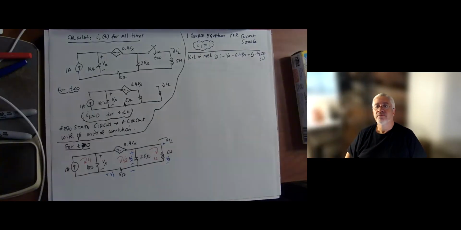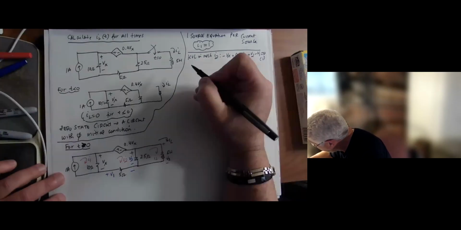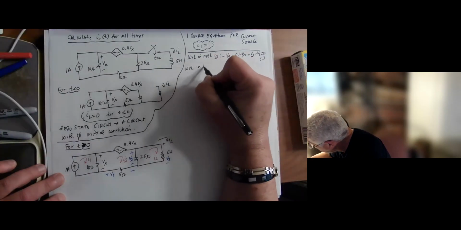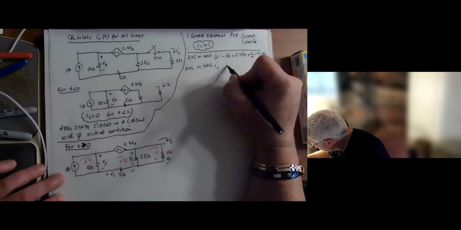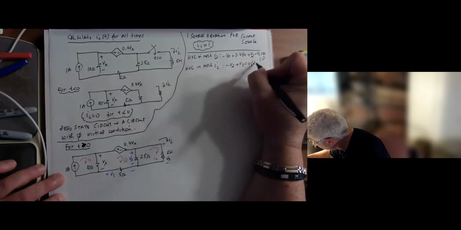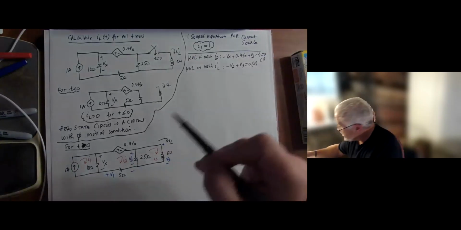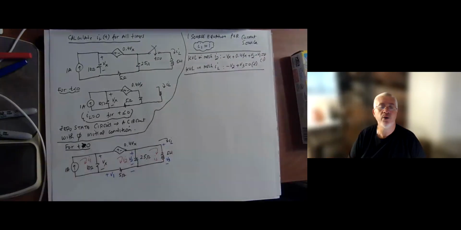Then KVL in mesh IL: minus V2 plus V3 equals 0. Equation 2. I got my source equation first, and then my two KVL equations, one in each mesh, because these meshes do not have current sources, so I don't have to deal with source equations or a supermesh.